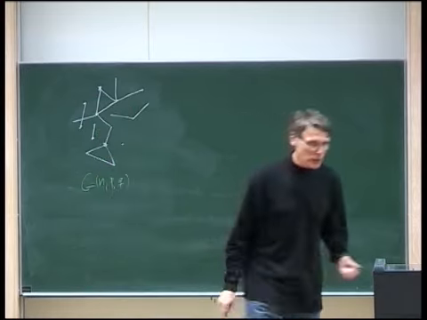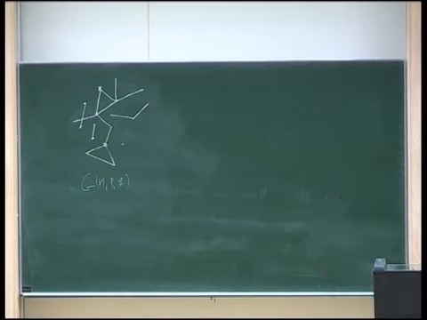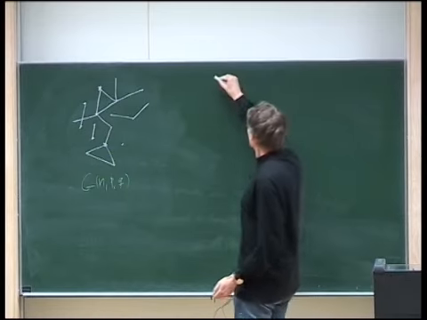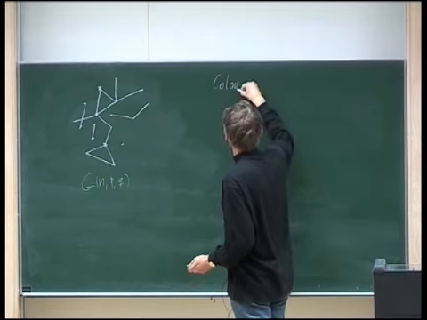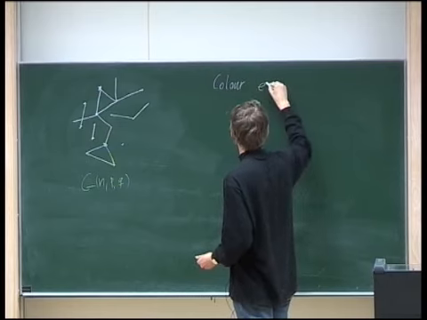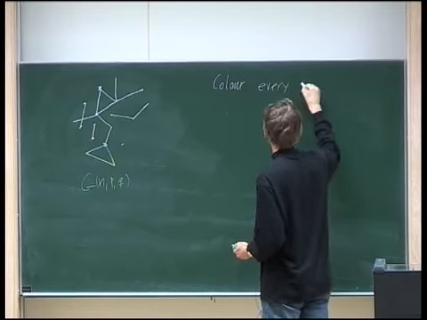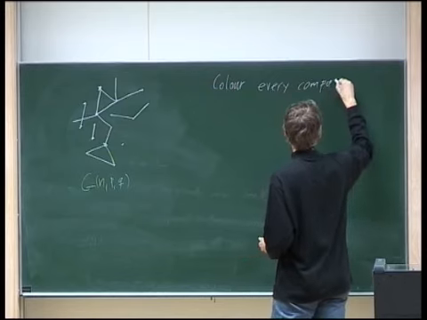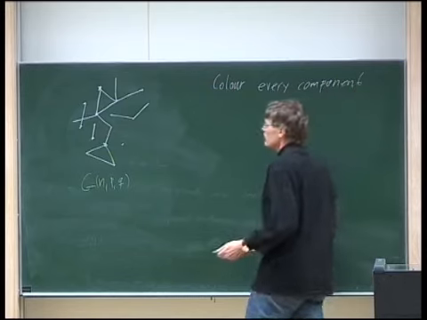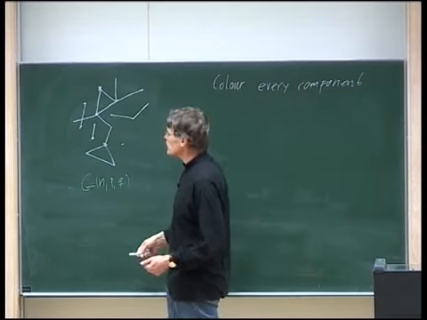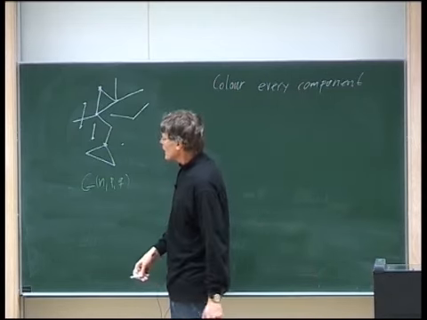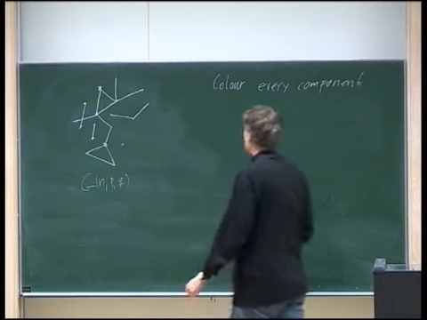Maybe I should have a white chalk also. So color every component. So first we have two things in the right order. First we sample the random cluster model. We have an instance of G and p, q.